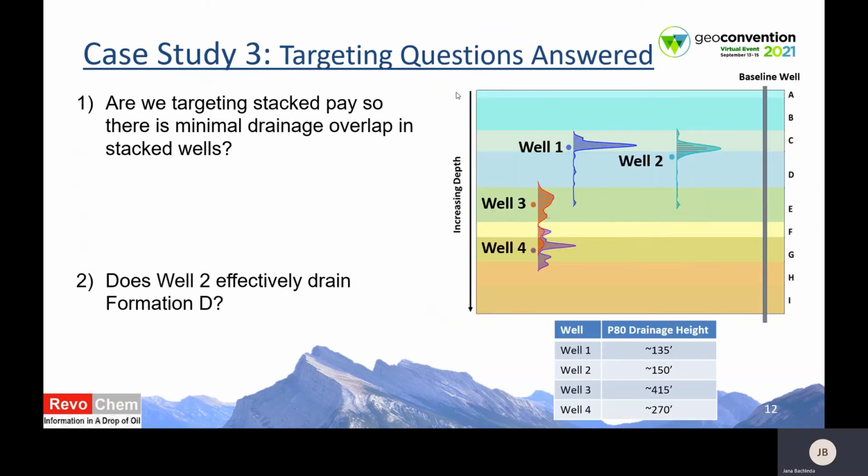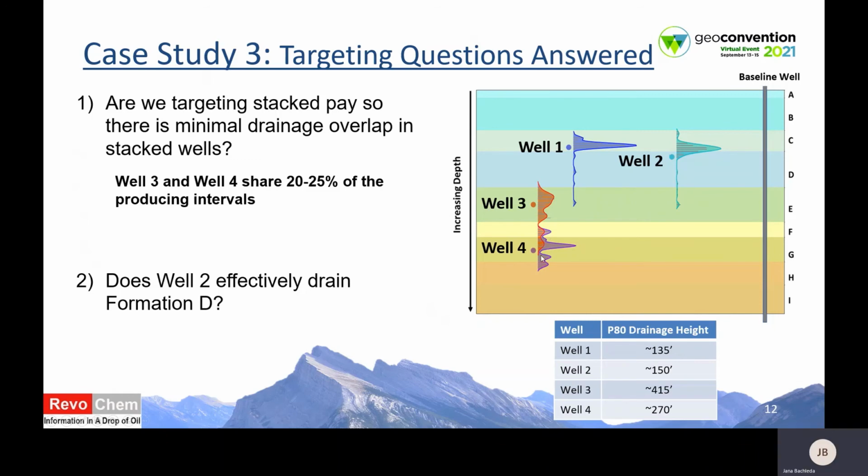So in case study 3, you can see here our fitted drainage frac curves. Now a little history on this area. Well 3 and well 4 are the parent wells. So right away, from looking at the fitted drainage frac curves, we can see that well 3 production allocation and well 4 production allocation have about 20 to 25% overlap of their producing intervals.